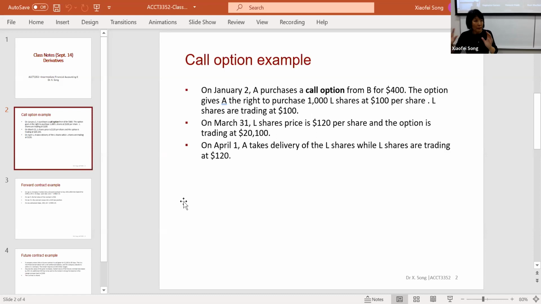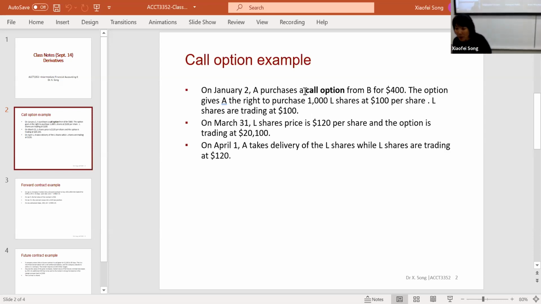They have other business activities, that's their focus, and they do not want to be exposed to too much risk, such as interest rate risk, market price risk, or risk related to foreign currency exchange. So that's why. Everybody can buy L shares on January 2nd for $100.